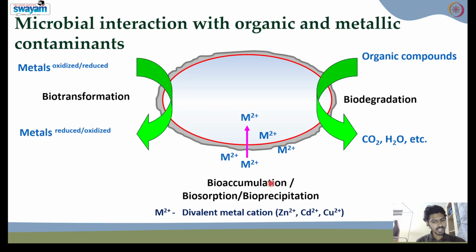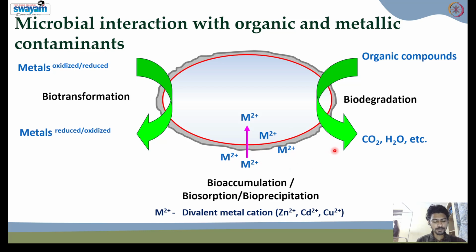Whereas the third strategy can be bioaccumulation. What does it mean? It will try to trap the metals inside them. They don't degrade, they don't transform, they don't do any such thing. They just accumulate these metals into their cells. Or it can undergo biosorption, where these metals adhere to their surface.